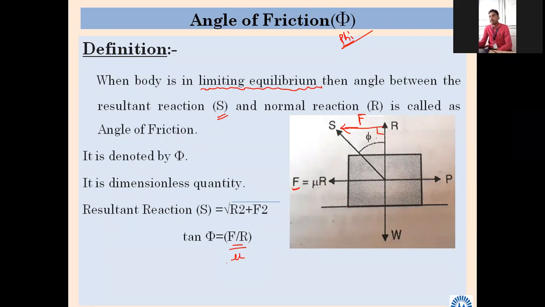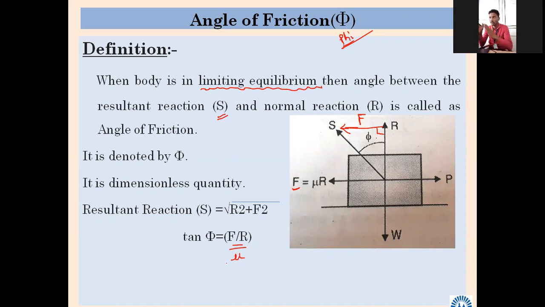So what is angle of friction? It is denoted by phi. When a body is in limiting equilibrium, the angle between the resultant reaction S and the normal reaction is called the angle of friction. Again a dimensionless quantity. It is the angle made with the normal reaction by the resultant reaction.